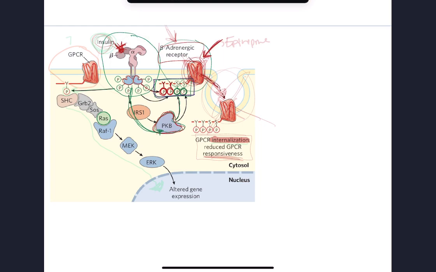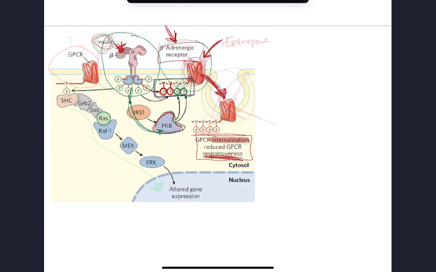GPCR internalization reduces GPCR responsiveness. So now we have fewer beta-adrenergic receptors because insulin, which directly antagonizes beta-adrenergic activity, because insulin receptors have been activated, now that's how we control the opposite pathway from taking place.